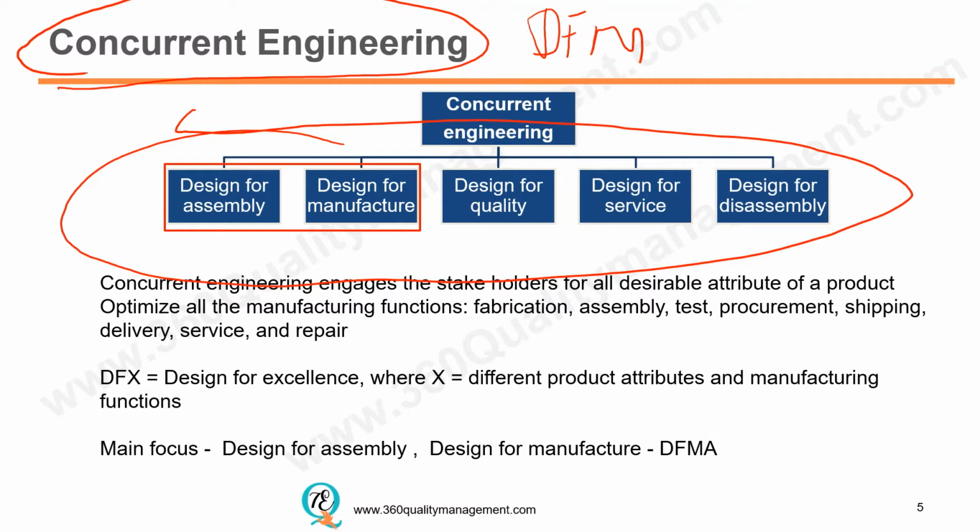So it will look at design for assembly, design for manufacture, design for quality, design for service, and even design for disassembly. This is where the X comes from, the many design for in this context, covering different product attributes and manufacturing functions.